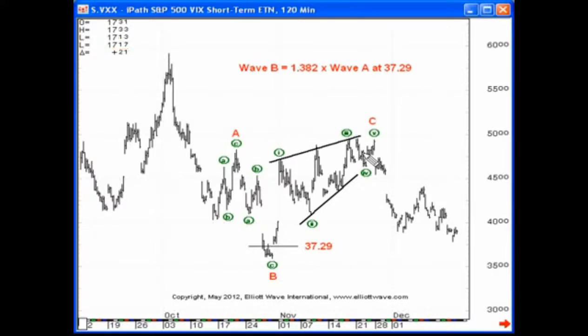Now one thing to keep in mind from a trading perspective, I actually see ending diagonals and expanded flats form quite often in the wave 2 position. And the reason why is because I think it creates kind of a wash and rinse type environment in the market. And what I'm referring to is in this instance here, as prices are moving to the downside, when you see the break lower in wave B, investors or traders are thinking that the trend is going to continue to the downside.